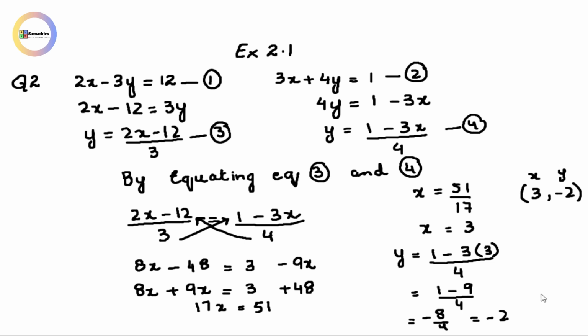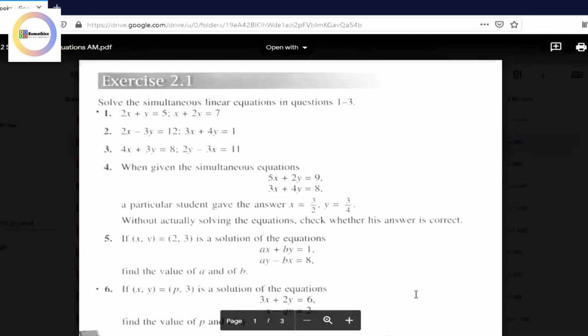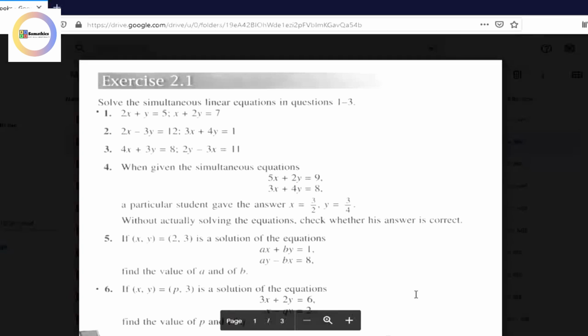Okay. We have question number 4. Given the simultaneous equations 5x plus 2y is equal to 9, 3x plus 4y is equal to 8, a particular student gave the answer x is equal to 3 upon 2 and y is equal to 3 upon 4, without actually solving the questions.